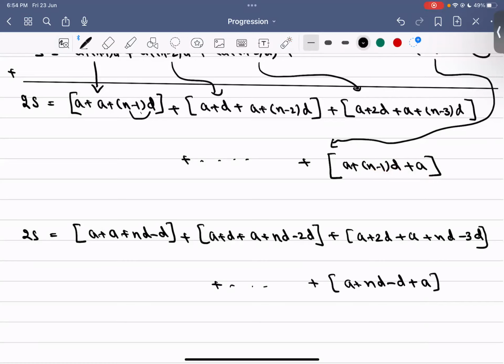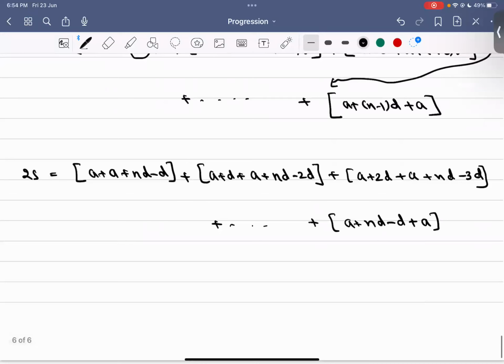Now see, this 2S is equal to, so this is A plus A, 2A, plus ND minus D as it is.